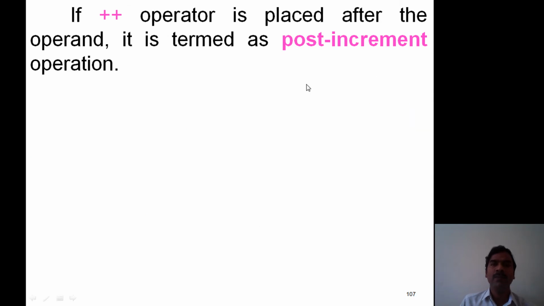Then post-increment operation. If plus plus operator, that means increment operator, is placed after the operand, then it is termed as post increment operation. Plus plus operator is placed after the operand, then it is termed as post increment operation.